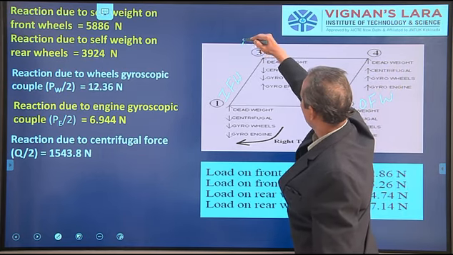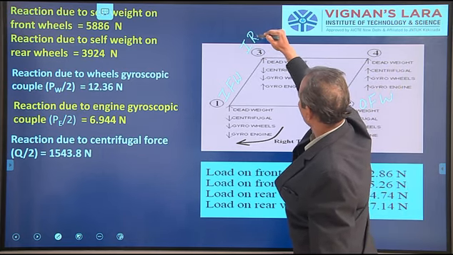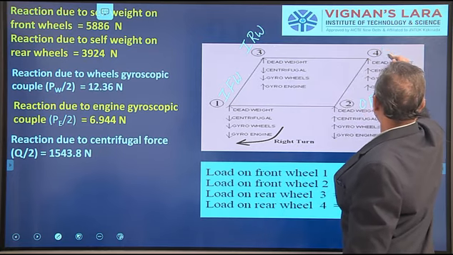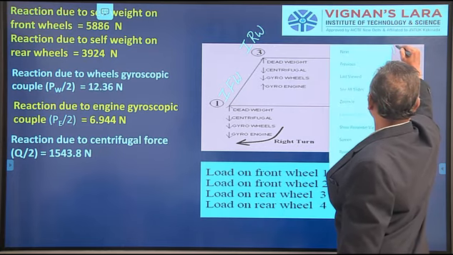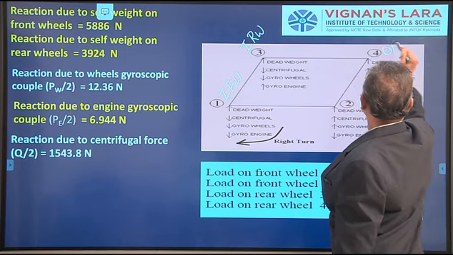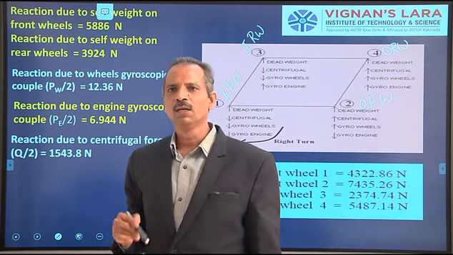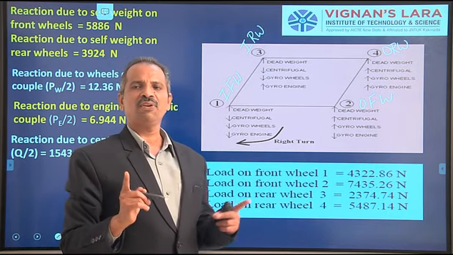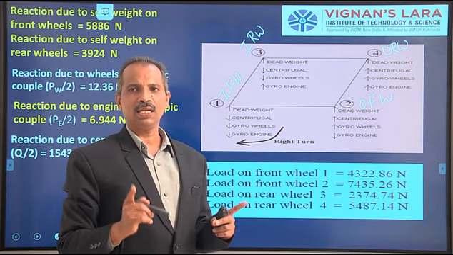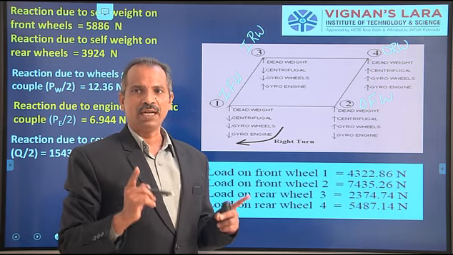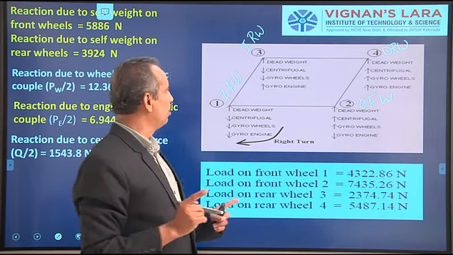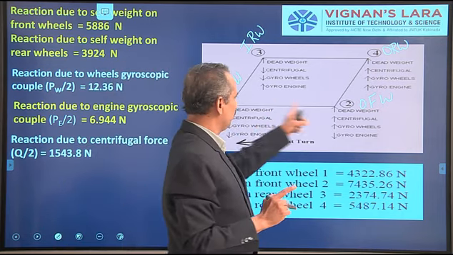Then this is the inner rear wheel. This is the outer rear wheel, which I have been defining from the beginning. 1, 2, 3, 4. What is defined? 1 is the inner front wheel. 2 is the outer front wheel. That is what I have written.